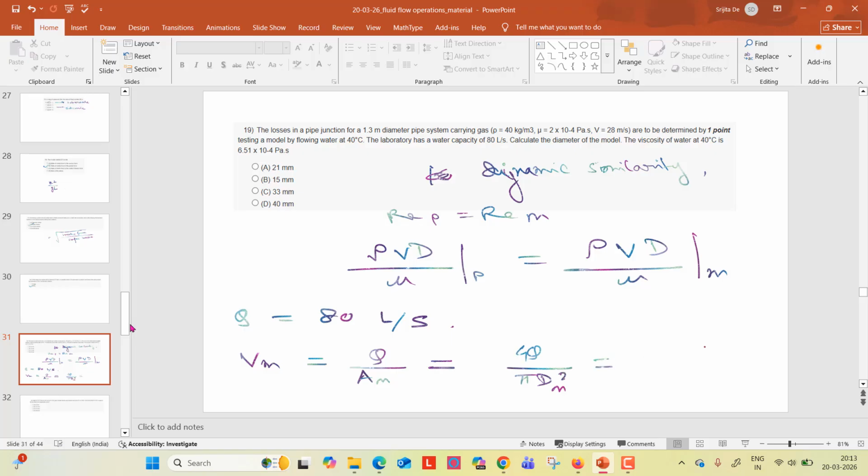So if you put the value, 4 into 80 liters per second divided by pi dm square, how much is it coming? So it is 60.3 meter per second.